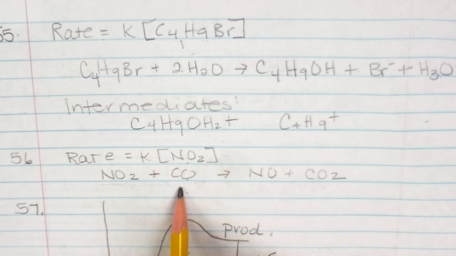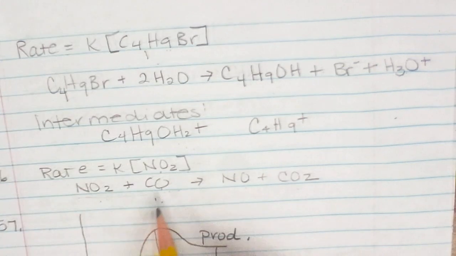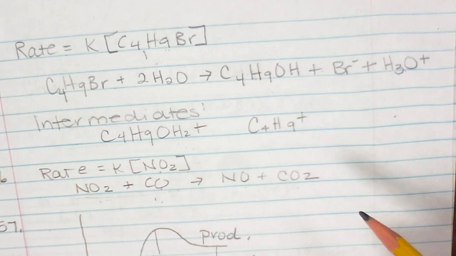The carbon monoxide isn't in the slow step. So that doesn't get included in the rate reaction. And the catalyst we don't include because, frankly, the catalyst isn't even in the ultimate equation. So that's why the catalyst isn't included. It's not in the overall equation at all. So it's not included in the rate reaction at all.